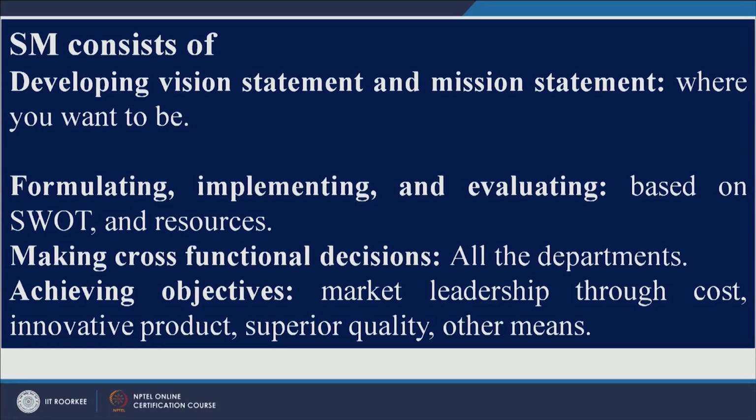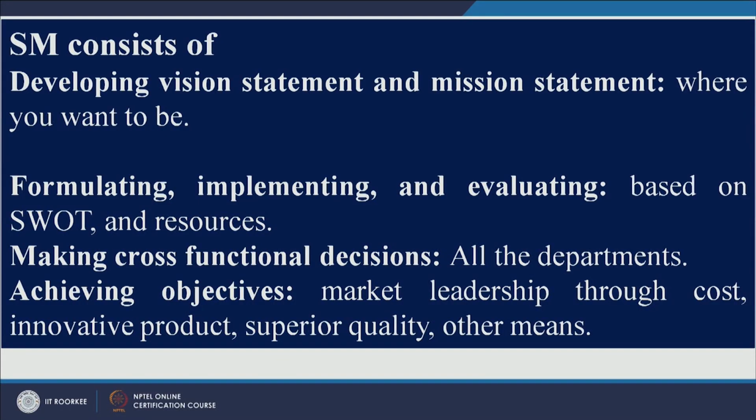So, as I said, it is formulating, implementing and evaluating cross functional decisions based on SWOT analysis and resources. So, you should prepare a strategy based on your strengths and weaknesses, because strengths and weaknesses are internal and opportunities and threats are external.